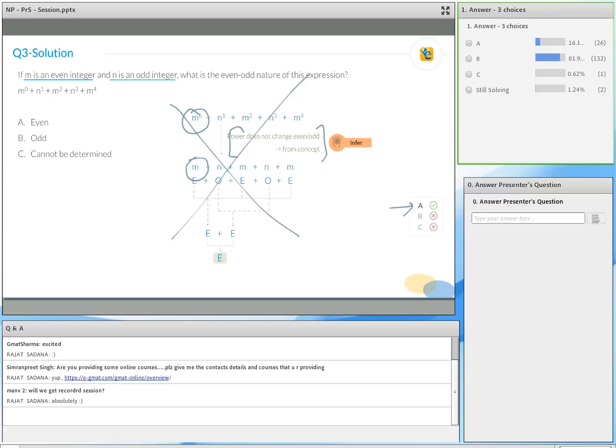So it's very important as you are applying your concepts, you have to be very cognizant of these edge cases. M to the power 0 is always 1. So you need to have that conceptual clarity whenever you are applying these concepts. And especially in the timed environment, you may be so hard pressed to get to the answer that you may miss out on this very, very critical step.